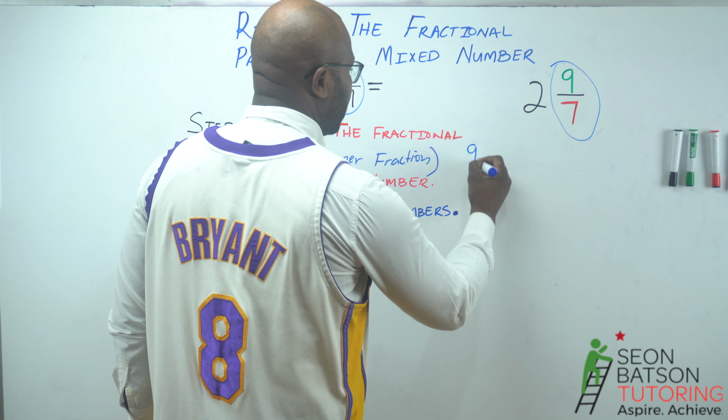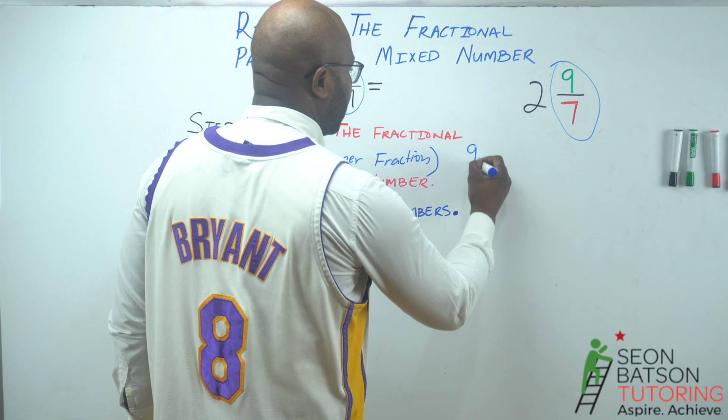Let's do 4 and 9 over, let's say, 2. Now, again, if you see here, the fractional part is an improper fraction. Why? Because the numerator is bigger than the denominator.